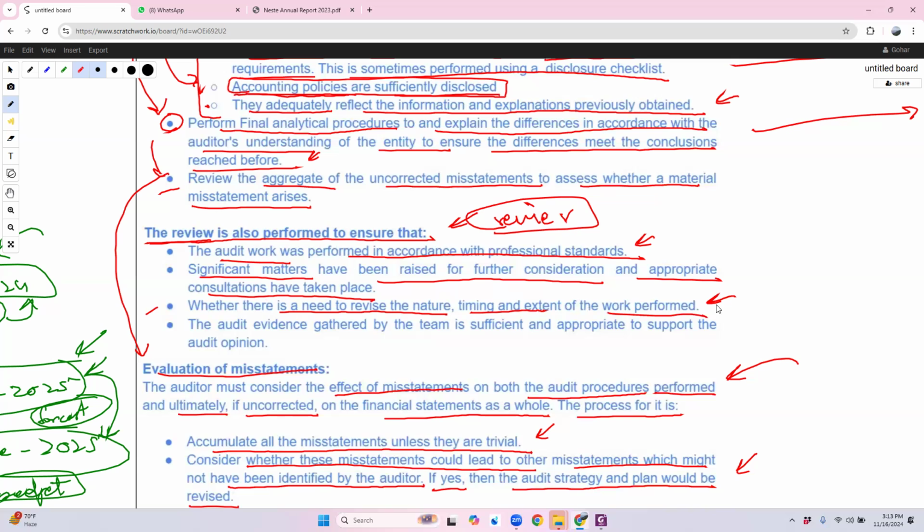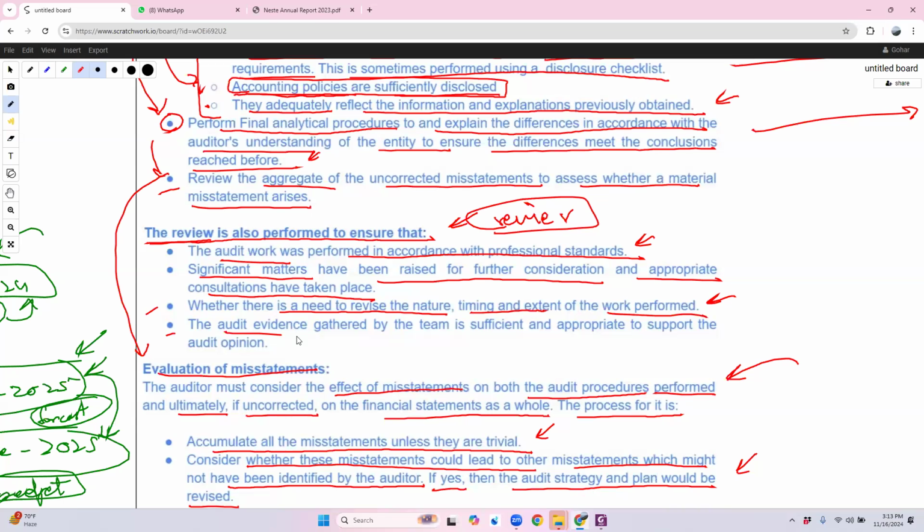Once you find out it is below materiality, but now you found there is a very big misstatement within PPE, you have to go back towards depreciation expense. So matters like this, you check to identify whether we need to do the work again, or do an extended amount of work right now. Do we need to do additional audit procedures on something else that we left behind? So you check for them as well.